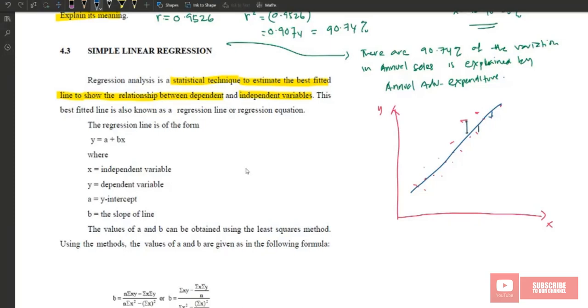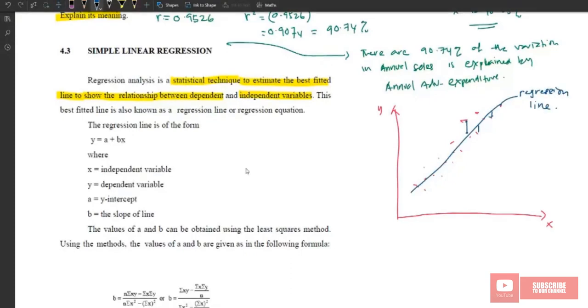The error means the difference between observation and the predicted line. So the summation of the error should be the minimum amongst other predicted lines, right?